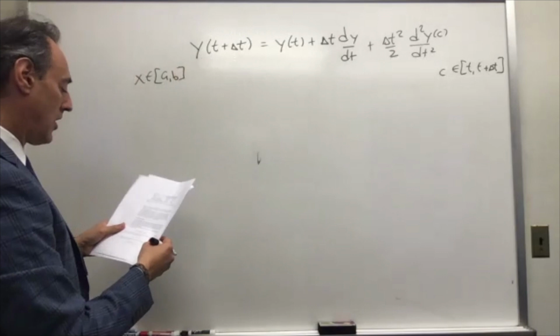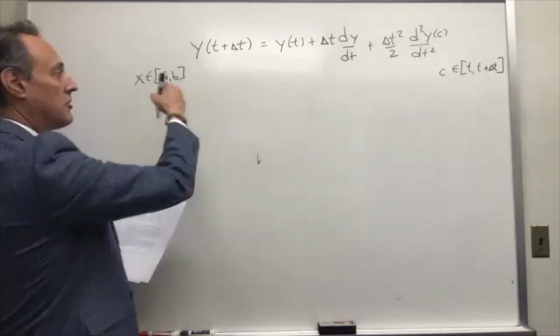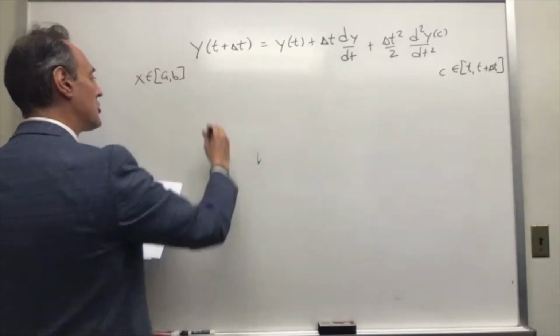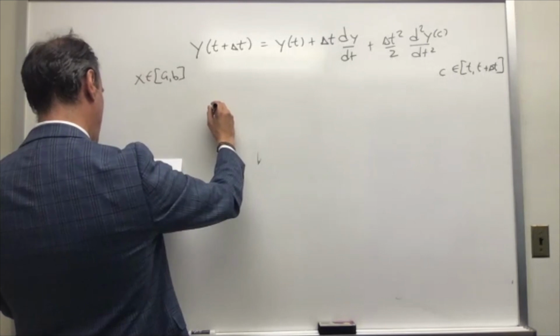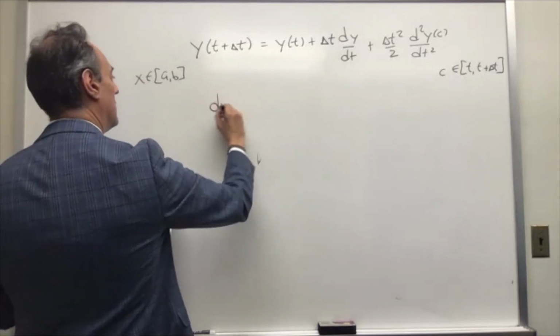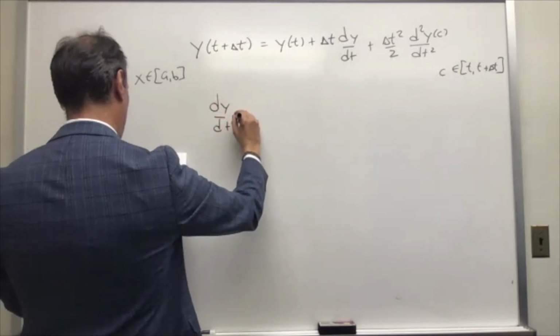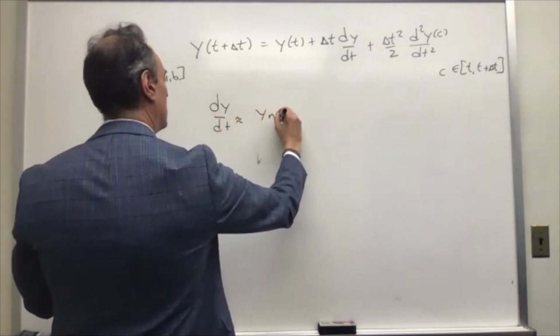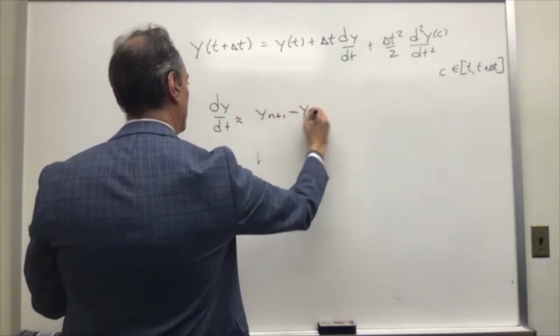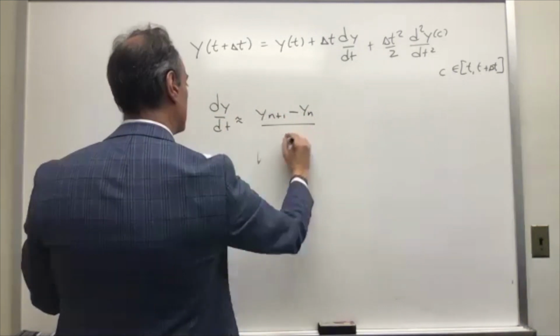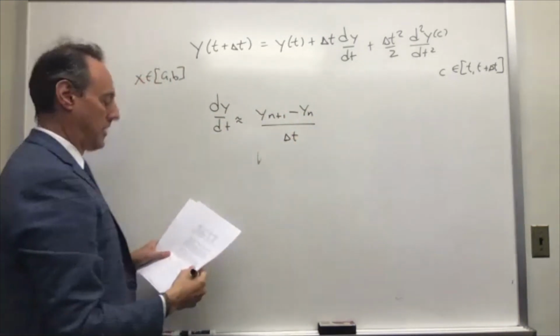All right, so we were talking about computing derivatives here. One way to think about it is dy dt was something like this.